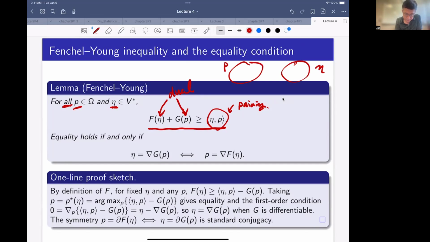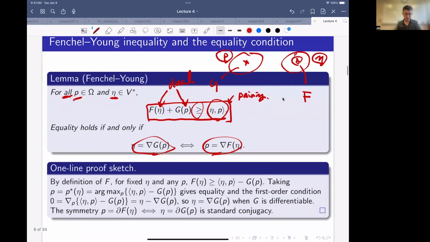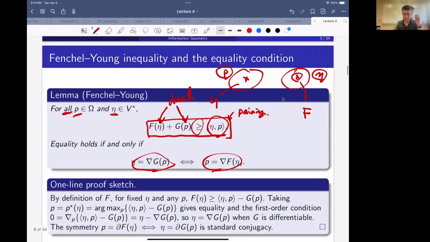From p we have a convex function g, and from eta we have a convex conjugate function f. For any point p and eta, we have this inequality, first of all. But if they are connected through this, then we have equality. So basically we have a mapping.